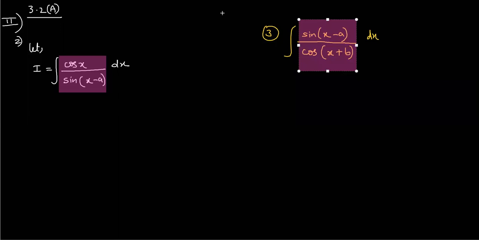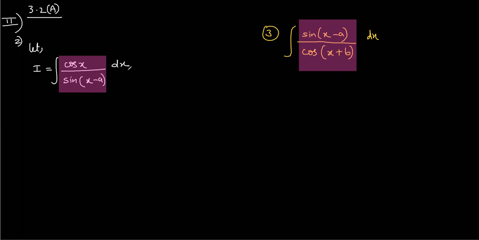I classify these two questions in the same type. What is that type? The type is that the numerator and denominator will be either cos or sine. Like here the numerator is cos and the denominator is sine, and here the reverse: the numerator is sine and the denominator is cos.